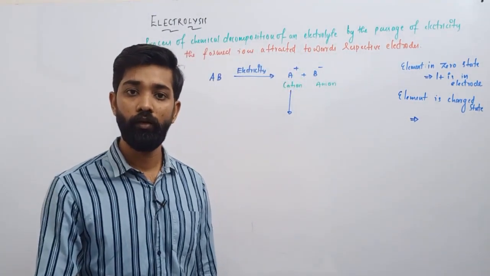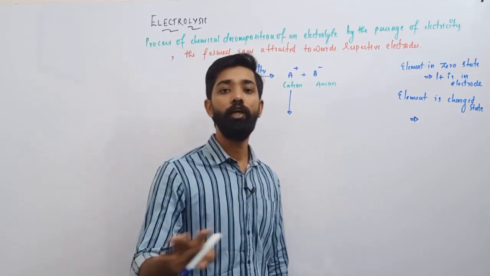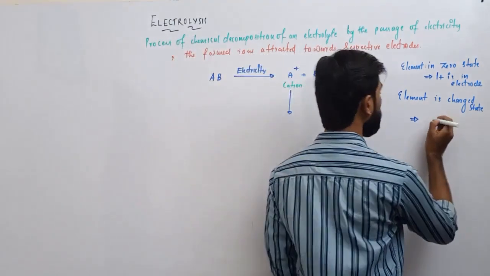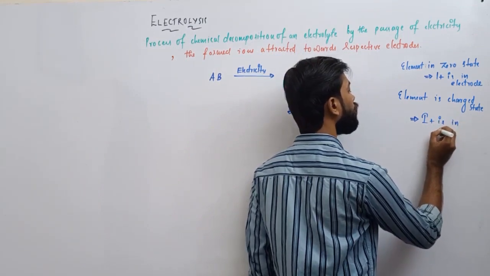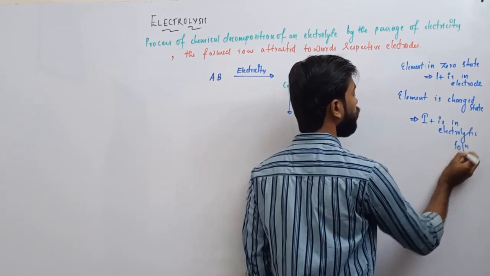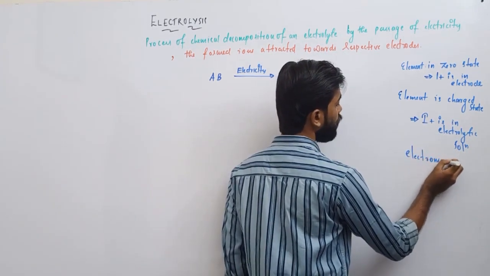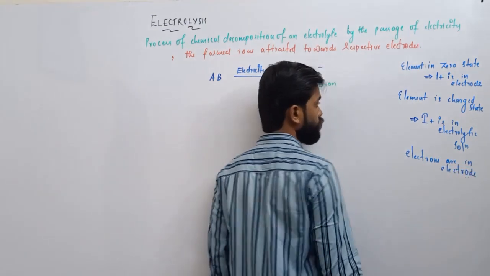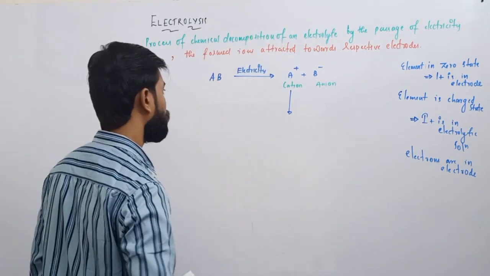It should be in the electrolyte, in the solution. This is a very important point. And one more point: electrons are in the electrode, not in the solution. Always, electrons are in the electrode, not in the solution. Keep it in mind.